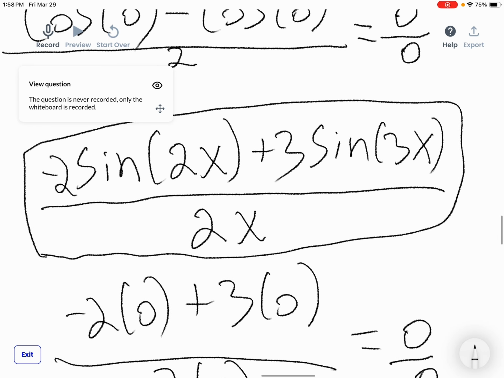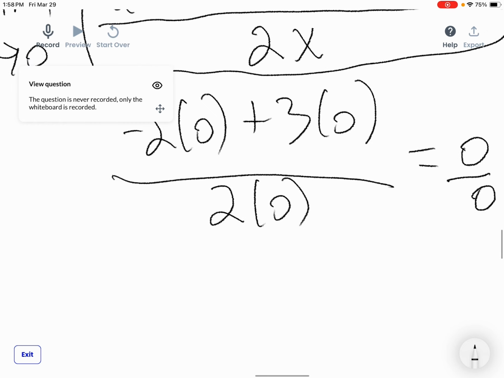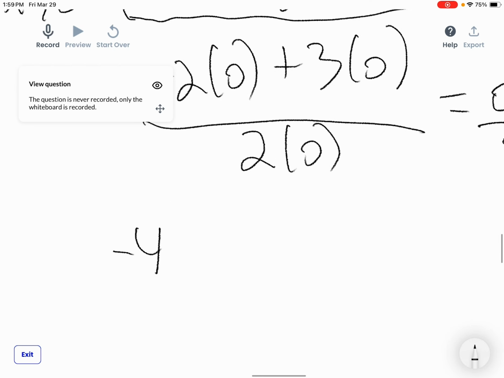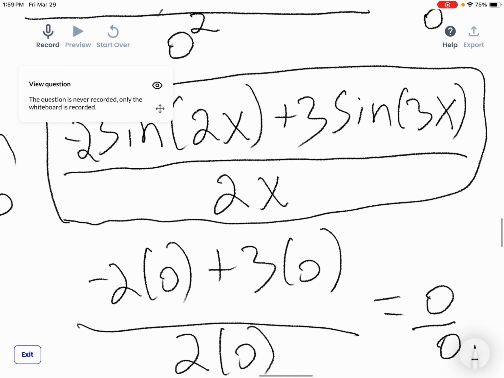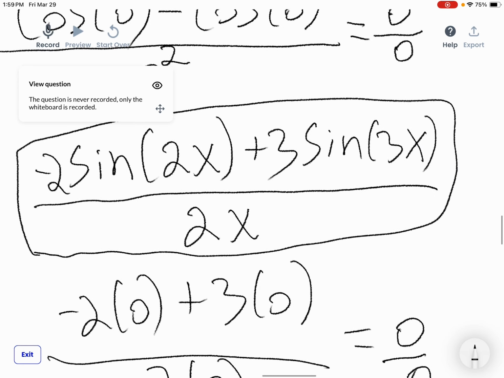We take the derivative of the top. The derivative of sine of BLOP is going to be cosine of BLOP, but then times the derivative of the BLOP. The BLOP is now 2x. The constant can be out front, so we get negative 2 times cosine of 2x times 2, which gives us negative 4 cosine of 2x.